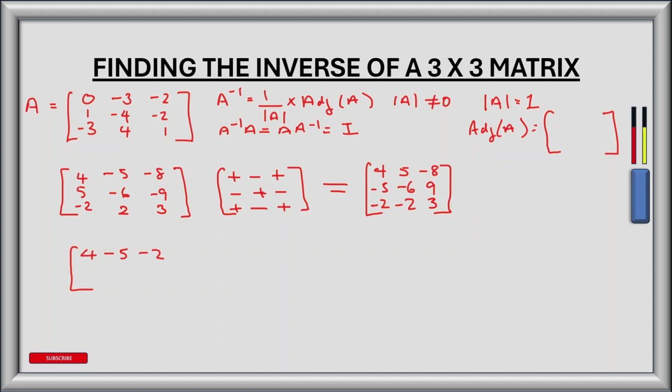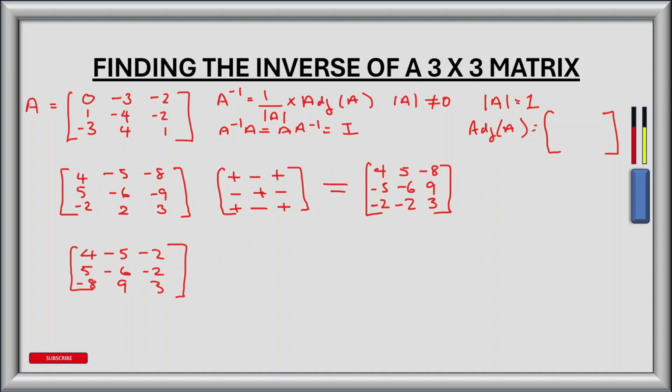We take the second column and we make it the second row. So it's 5, -6, -2. And we take the third column and it becomes the third row. So it's -8, 9, and 3.